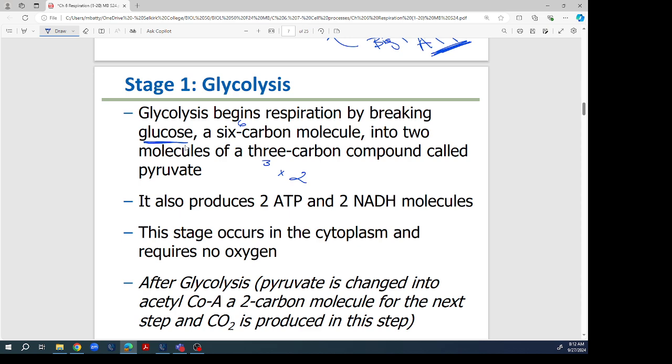So that's really what it does. It also produces some ATP and some NADH molecules. Now, NADH stands for nicotinamide adenine dinucleotide, and you don't need to remember that. I think the key thing about these is identifying their role in the chemical process. They're energy intermediates.